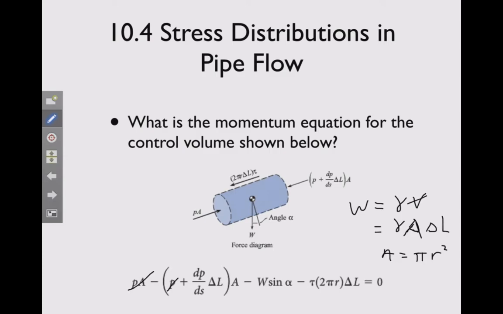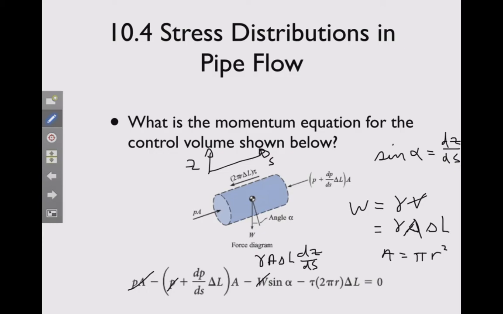So if we make that connection, plugging in gamma. Oh, and also that the sine of alpha is equal to dz/ds, the change in altitude for a change along the pipe, this being the s direction here, and this vertical being z. Then that is the sine of alpha. Plugging all these things in, this is going to become gamma A delta L times dz/ds.